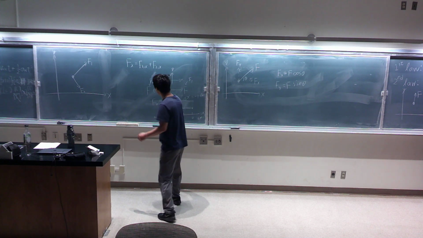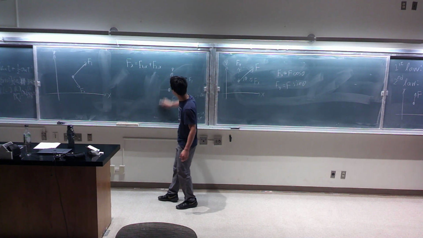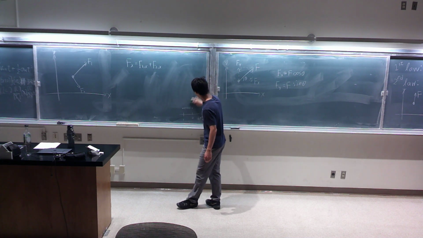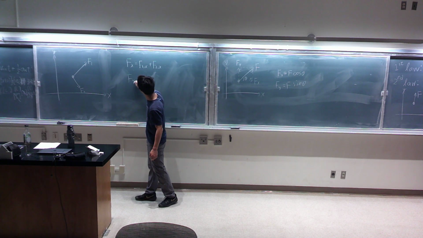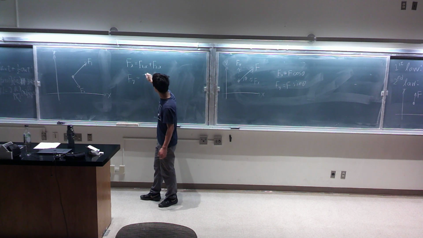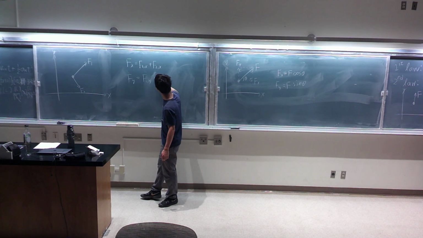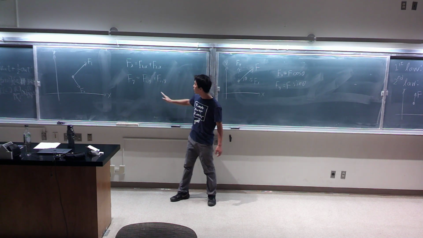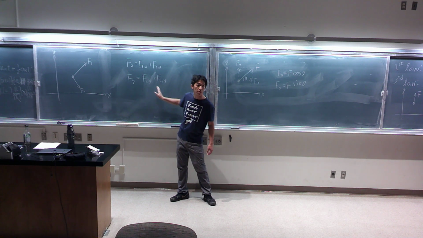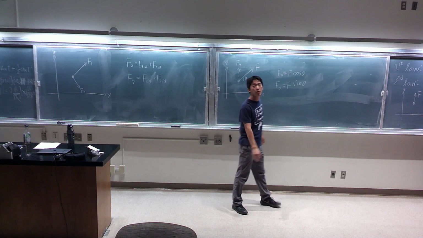All right. So that is for two forces. Similarly, the y component of the total force will just be the sum of the y component of the first force and the second force.